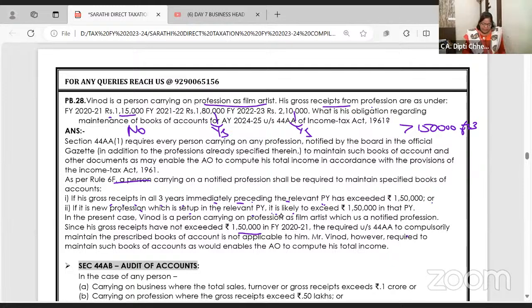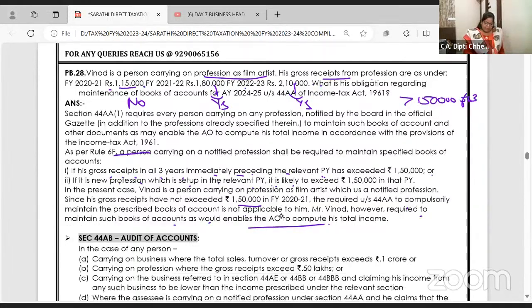He is required to maintain compulsory books. Mr. Vinod, however, is required to maintain the books of accounts as would enable you to compute. So it's not compulsory to maintain here, but from here onwards, what is happening? Yes, it will be applicable.